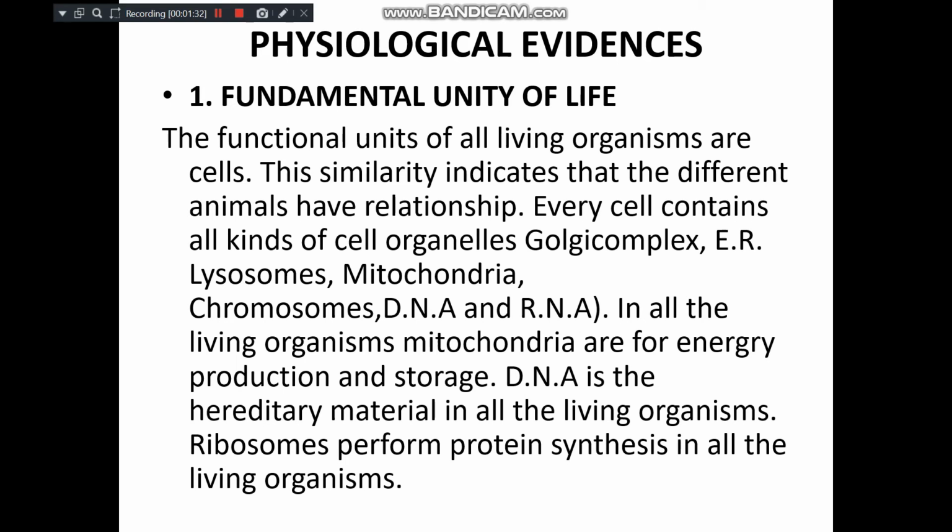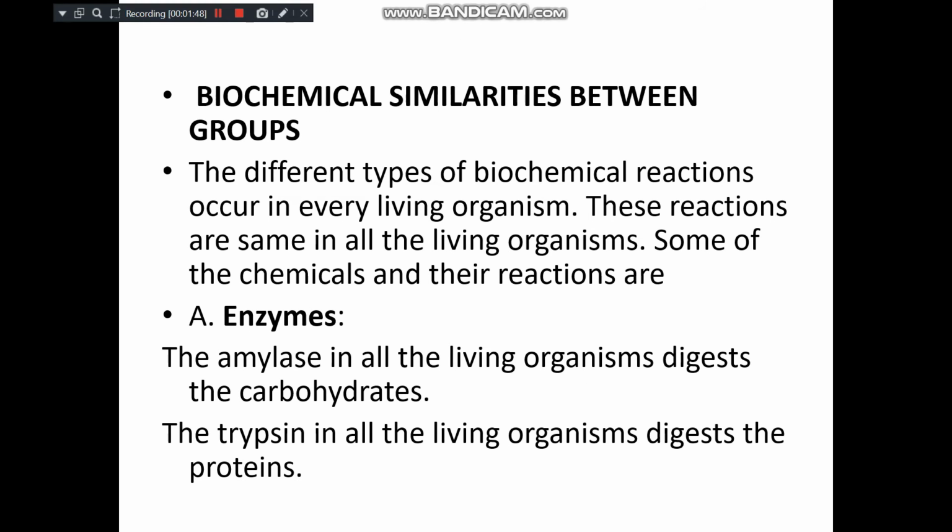In all living organisms, mitochondria is the powerhouse of the cell, DNA is the hereditary material, and ribosomes perform protein synthesis. What does it indicate? All organisms must have evolved from a common ancestor. So we have many common characteristic features, at least at the cellular level.